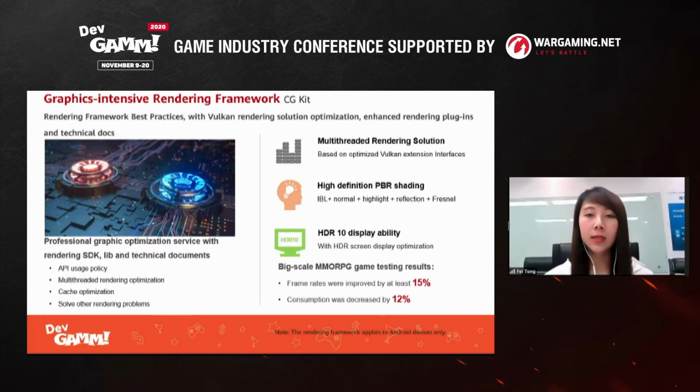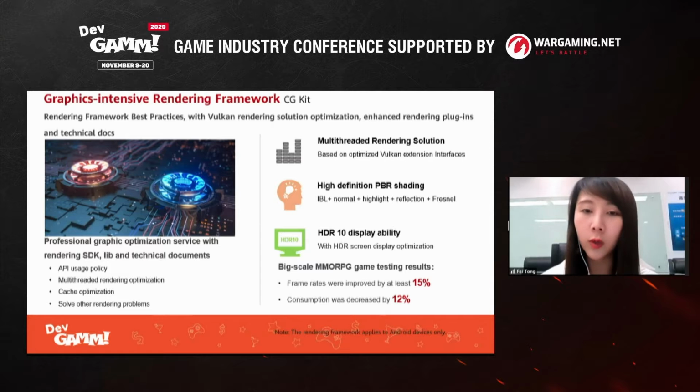Based on best practices on Vulkan, SageKit could optimize your rendering effects with a multi-threaded rendering solution. It could also support a high-definition PBR shading capability to create realistic material effects. With an HDR10 screen, it could also optimize the display effects. We cooperated with NetEase.